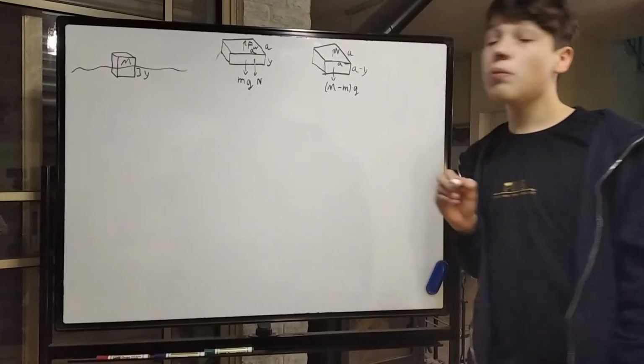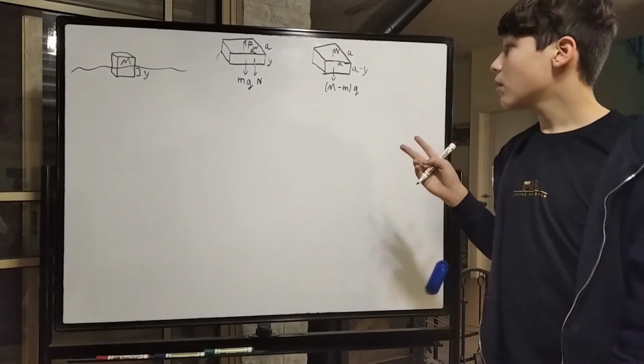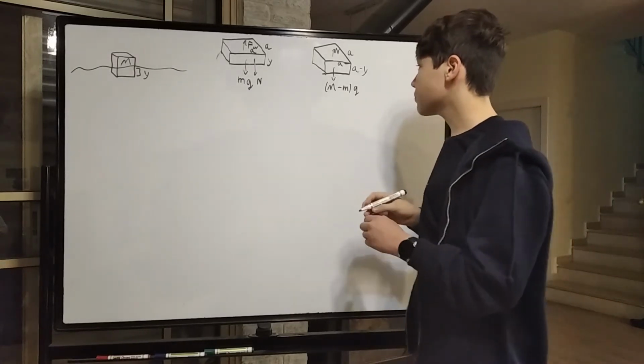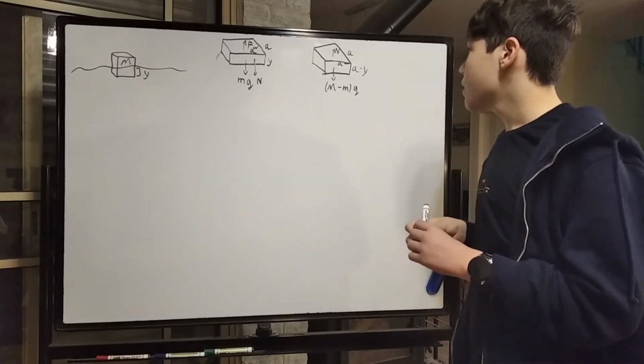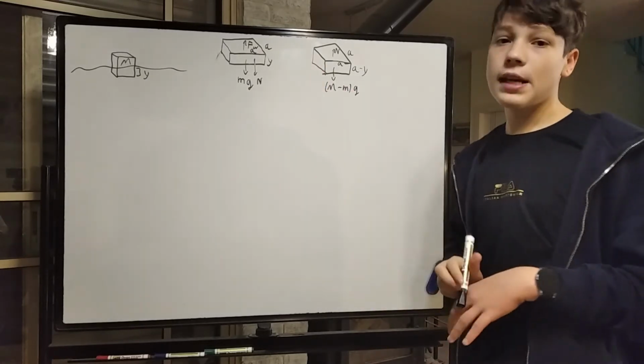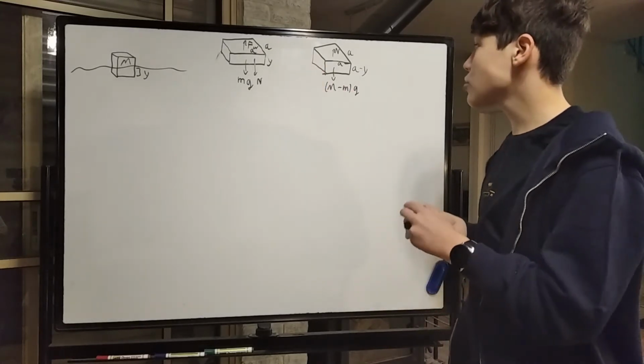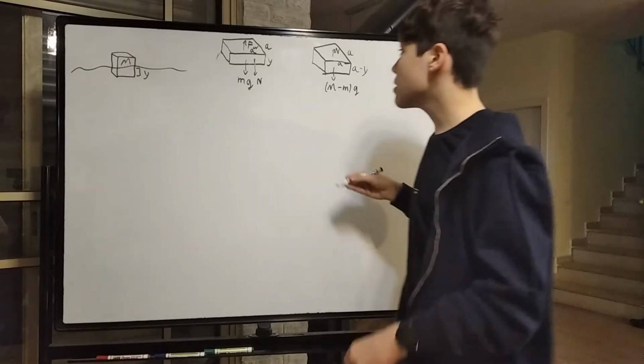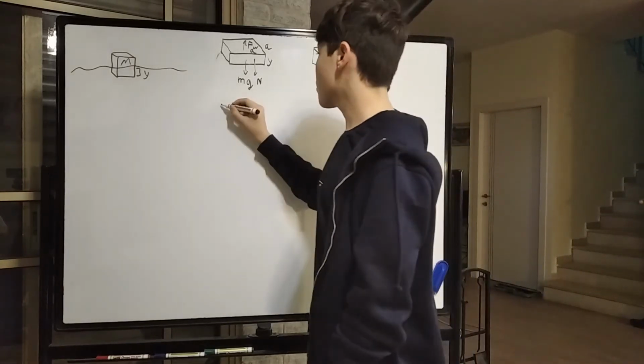But now we know both of these are stationary because our entire cube is stationary, meaning that we can derive two equations here.